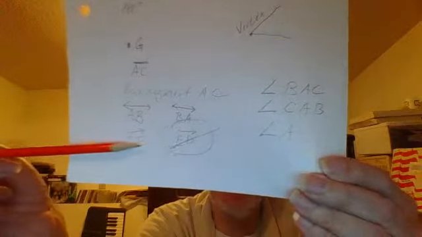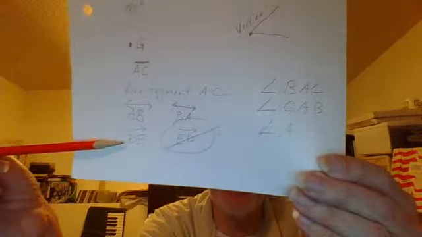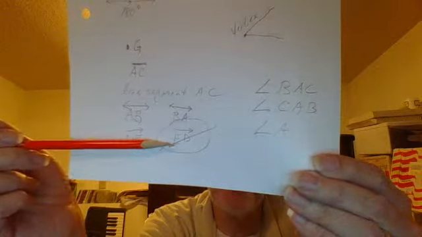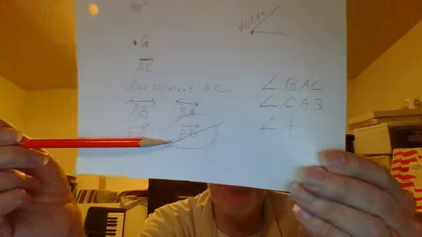ED, though, starts at E, passes through D, and then continues down to infinity. So those two are not the same thing. If the answer is ray DE, and you wrote ray ED, well, that's the wrong answer, because you have the ray going off in the other direction.